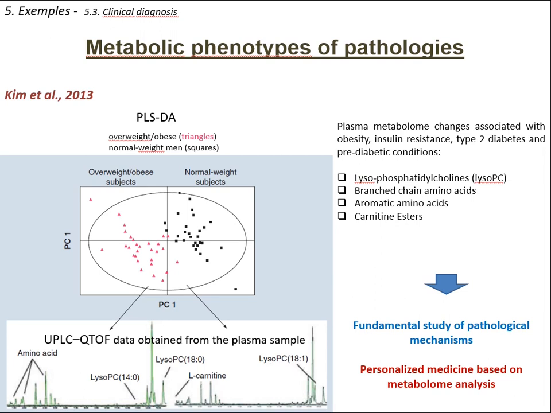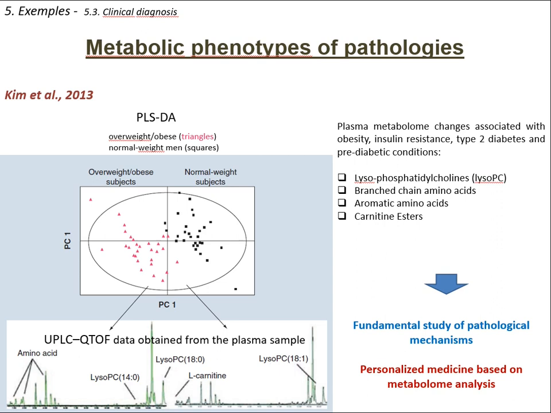So here you have an example of a PLSDA of people that are overweight, obese, or normal. So you clearly discriminate them easily on the first principal component, and you can find some biomarkers associated to obesity obtained from the plasma.